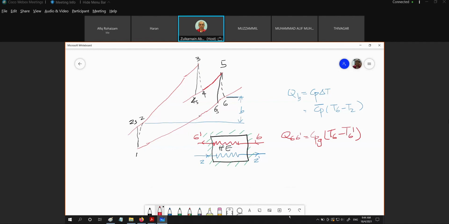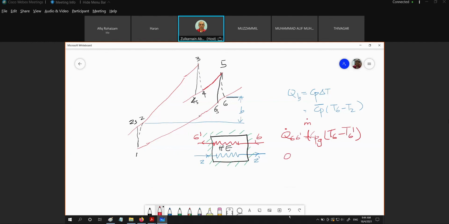And if we put it in terms of the energy transfer, which is Q dot, then we have to add one parameter right here, which is m dot.